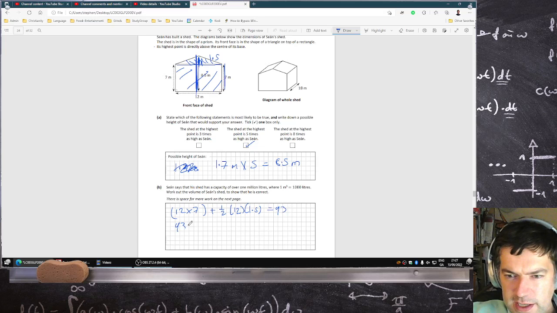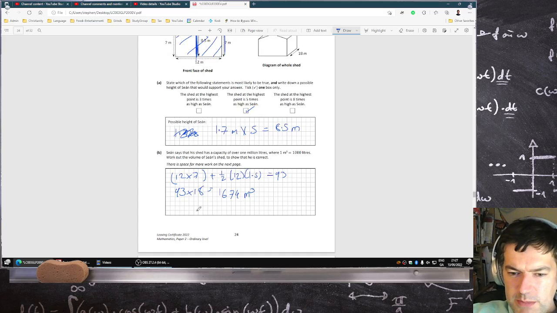And you have to multiply that by the depth then. So that's 1674 meters cubed. Let me double check that. A half the base times the height. Yeah.